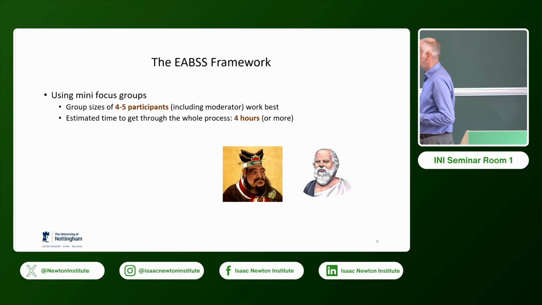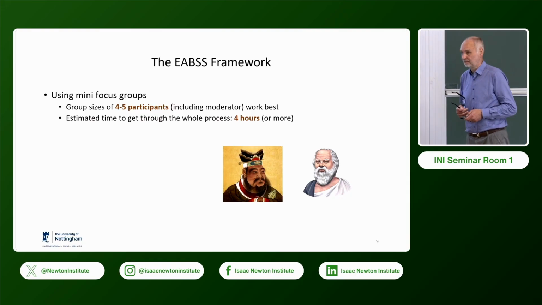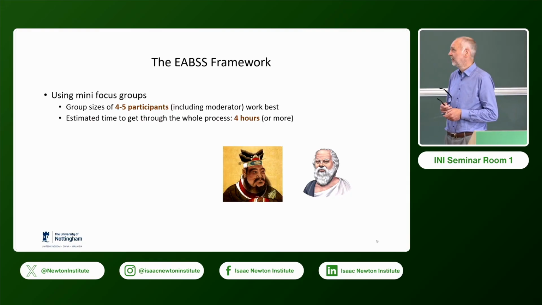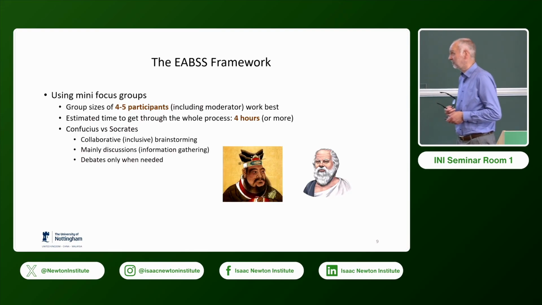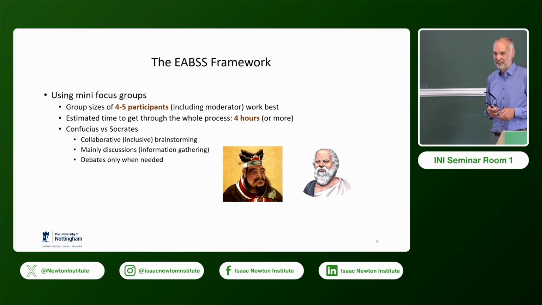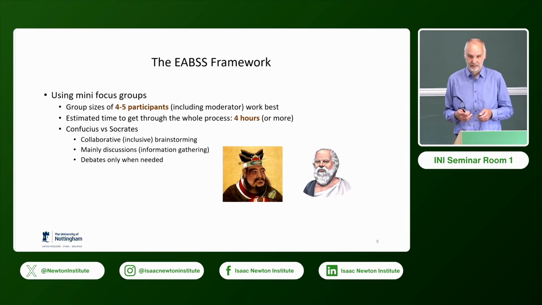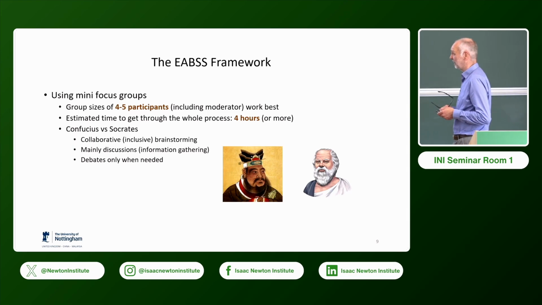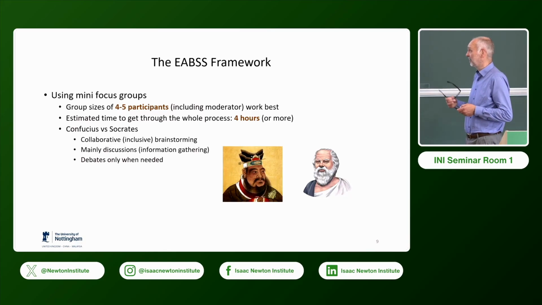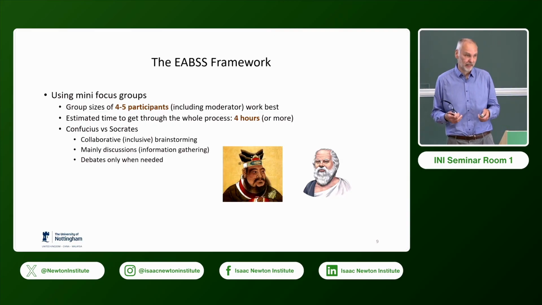So it's normally 4 to 5 participants, can be anyone, and you can see Confucius and Socrates, because it's very important that everyone can say what they want, and Confucius stands for collecting information, and Socrates stands for debates.